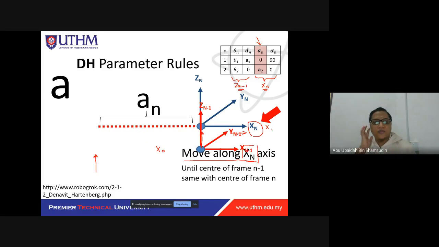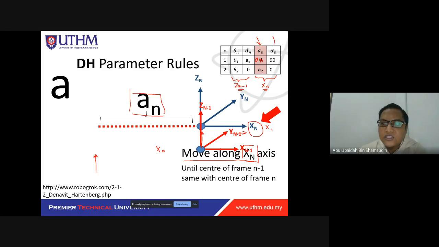That is the value for an. Just put that as an. The only tricky part is that you need to move along the xn axis.